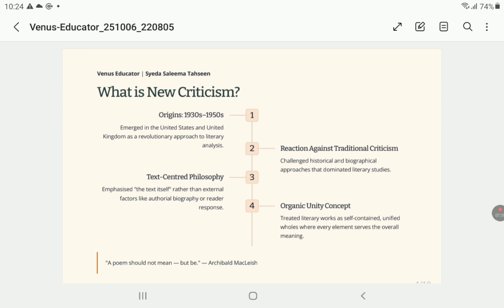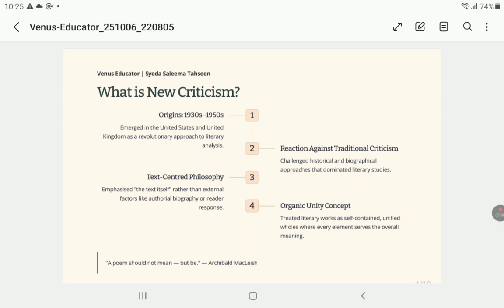It appeared in 1929, so the origin is 1930s to 1950s. Before that, people used to look at the historical background of the text. What is the historical background? It means who has written this, and is he a famous author or not?